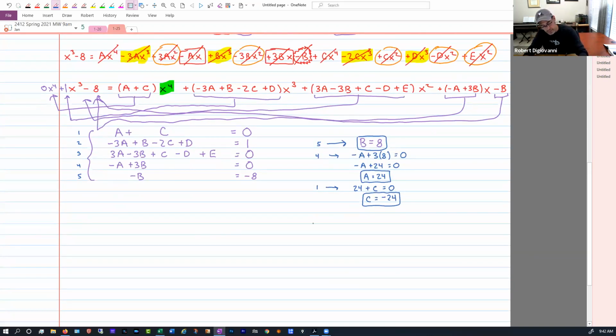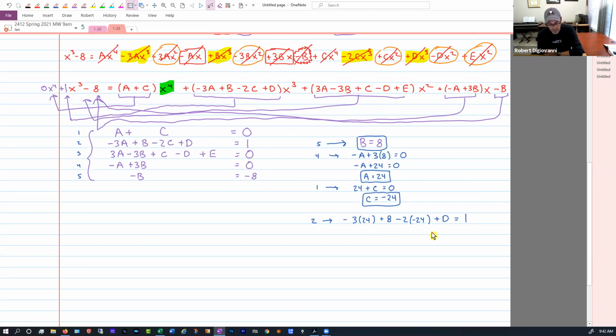Equation 2 tells us that negative 3 times A, which is 24, plus B, which is 8, minus 2 times C, which is negative 24, plus D must equal, be careful here, 1, right? So that's me just taking equation 2 and plugging A, B, C in.